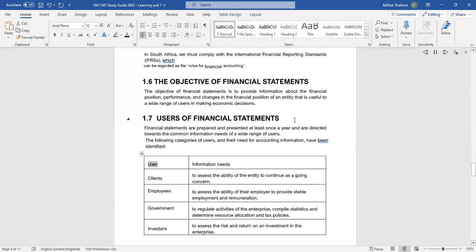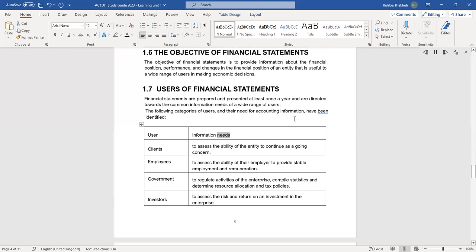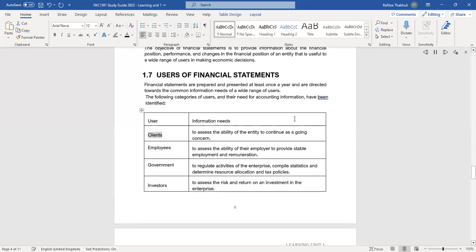User information needs. Clients, to assess the ability of the entity to continue as a going concern. Employees, to assess the ability of their employer to provide stable employment and remuneration. Government, to regulate activities of the enterprise, compile statistics, and determine resource allocation and tax policies.